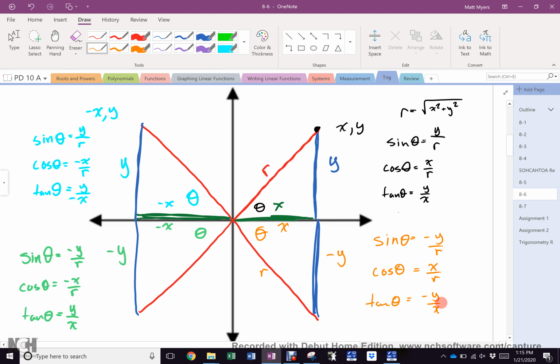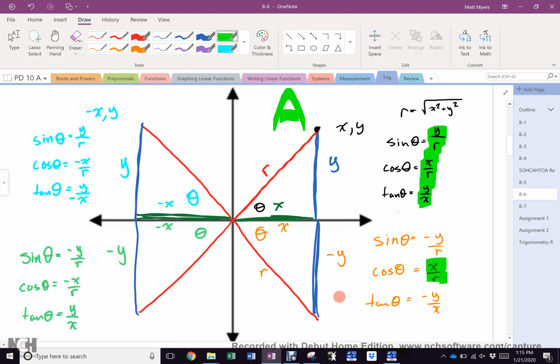Now please notice what happened to all three values here. They're all positive. All positive. Right?